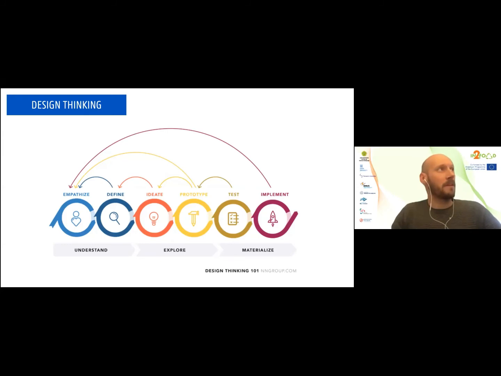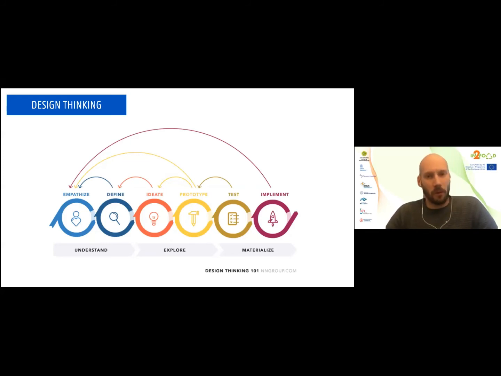So if we start with the first phase of the design thinking process, there we look at changing this human behavior. We first start with understanding the people.